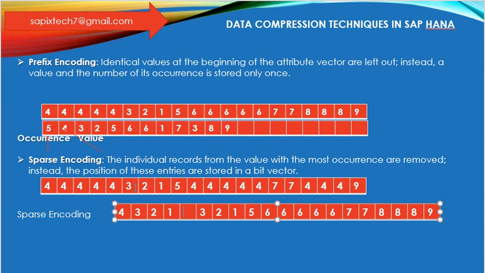Now the next data is 3, 2, 1, then 5. Again 4, 4, 4 will be removed. Instead, now 7, 7 will come. Again 4, 4, 4 will be removed. Now 9, and the rest of the data will be deleted.